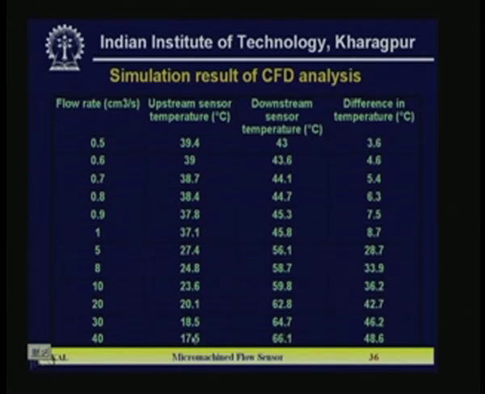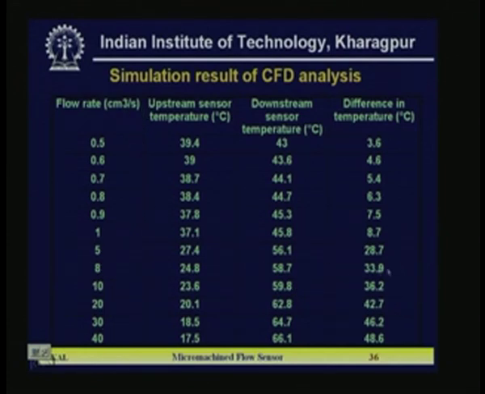That is why you see here 17.5, 66.1, and here 48.6. In the beginning, if the flow is low, both the downstream and upstream sensor temperatures will be almost the same, not much difference, from 3.6 to 4.6, up to 48.6 if the flow is 40 centimeter cube per second.